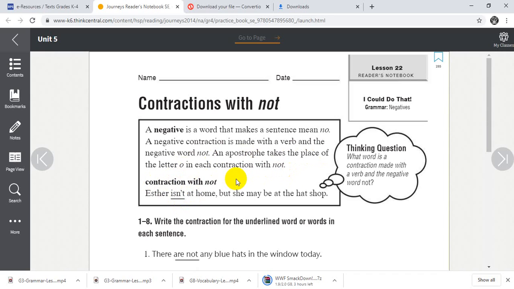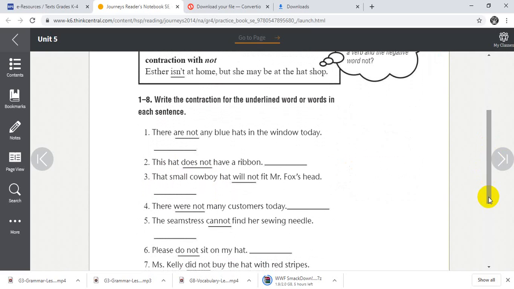Okay, let's see an example of a contraction with not. Esther isn't at home, but she may be at the hat shop. Isn't. What is isn't? It's is not, but we made it into a contraction, so it became isn't. Here we have: write the contraction for the underlined word or words in each sentence.